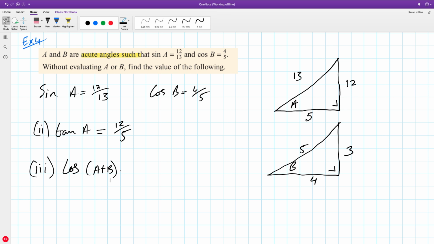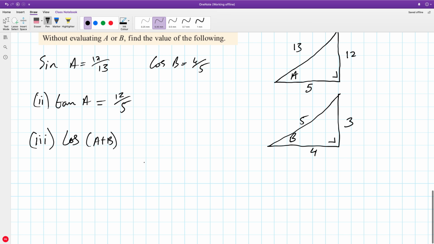Right, let's have a little look at it. So, the formula for cos of A plus B is cos A by cos B minus sin A by sin B. So, the cos of A is 5/13 multiplied by cos of B, 4/5, minus the sin of A, 12/13, by the sin of B, 3/5.